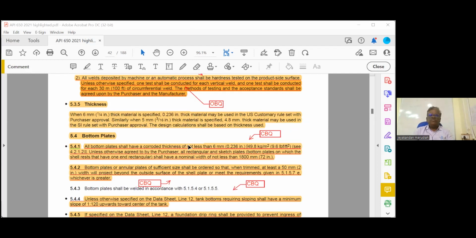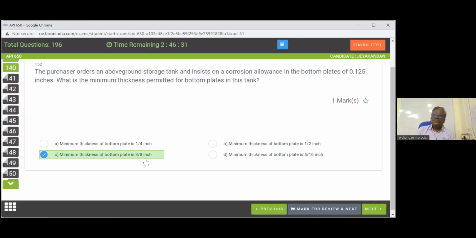The owner specified 0.125, so you have to add 0.236 plus 0.125, which is 0.38. So 0.38 is equal to 3/8 inch. You have to try one by one. Quarter inch is 6 mm, half an inch is 0.5 inch, so it will be this one or this one. Just to check 5/16, what is the answer? 5 divided by 16.